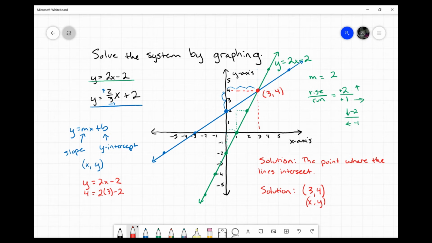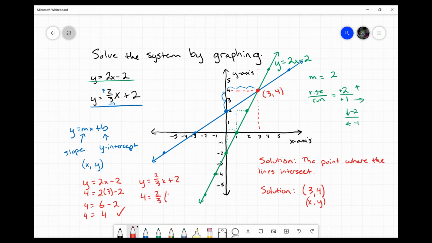If I were to simplify this, it should end up giving a true statement. So 4 is equal to 2 times 3 is 6. 6 minus 2 is 4. 4 equals 4. That is true. And then let's try the second one. We have y is equal to 2/3 x plus 2.